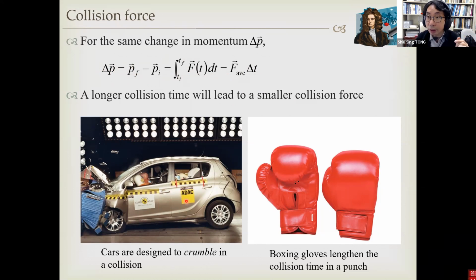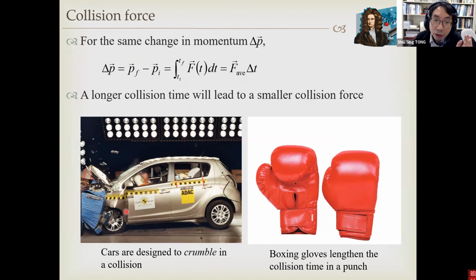Because for a collision, there's a known change in momentum. For example, imagine a car colliding with a stationary barrier. Initially, you have a certain momentum, mv. And finally, the car after collision is stopped. So the change in momentum is fixed, and that's given by Pf minus Pi.